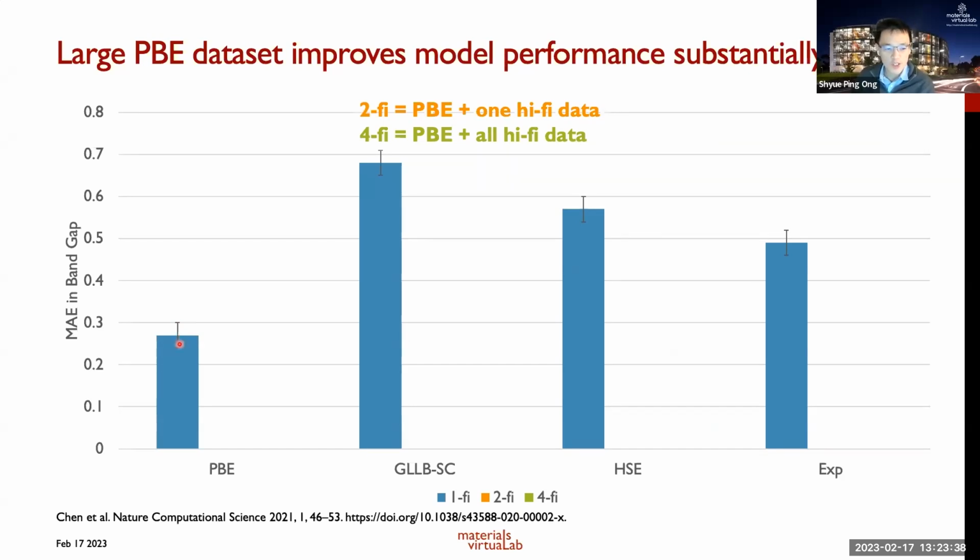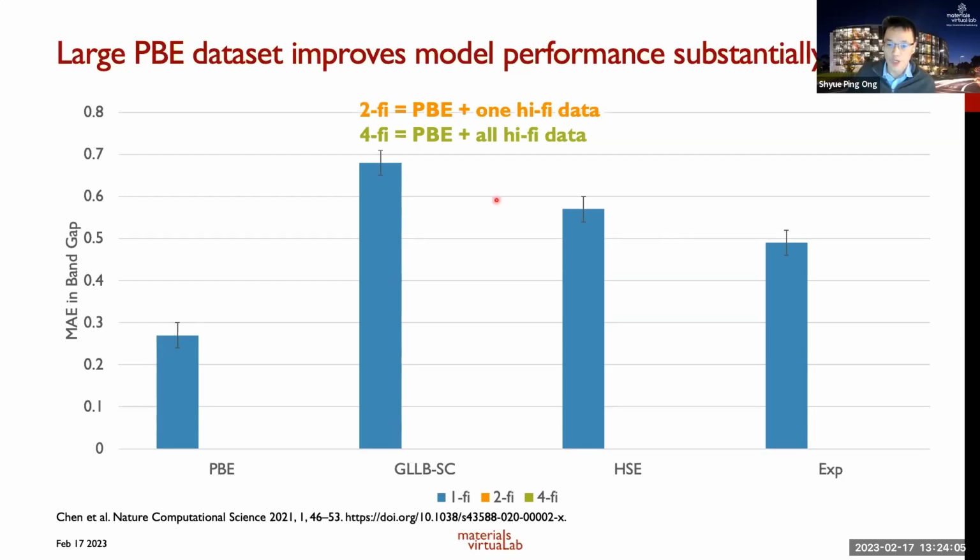The mean absolute error is about 0.3 eV or so, but you'll notice that the mean absolute errors for the HSE bandgap and the experimental bandgaps are much higher, right? And the reason is, of course, that the size of the data set for those is much smaller, and that results in a higher error in your machine learning model.